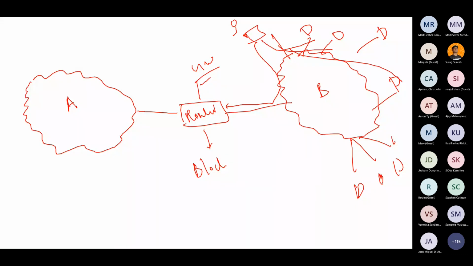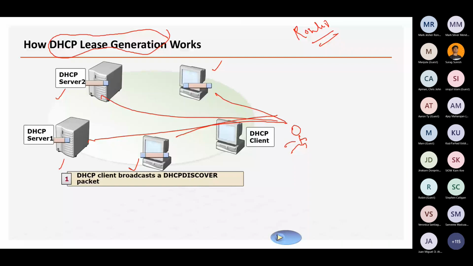In case the packet wants to go outside, we need to enable a couple of features, which I'll discuss at a later point. Right now, by the end of this class, you need to understand that the moment you press obtain IP address automatically, it sends a packet called the DHCP discover packet. Any questions from anyone?